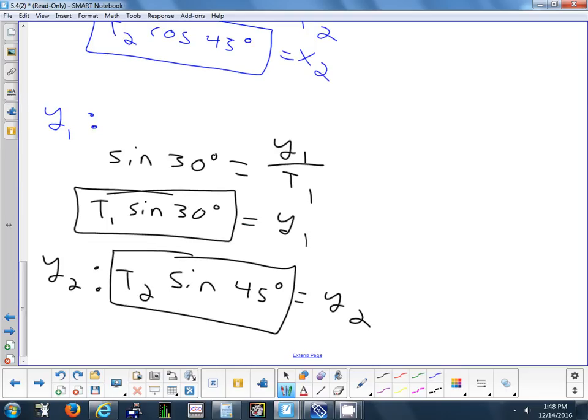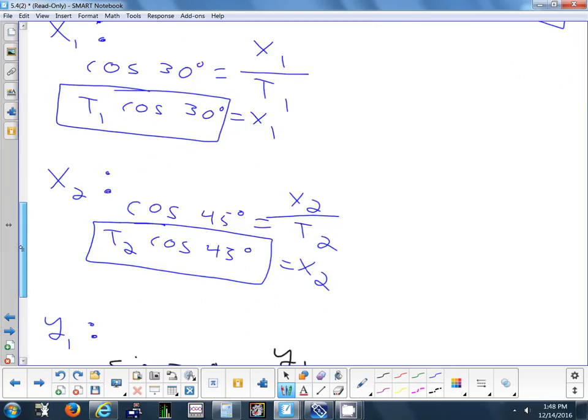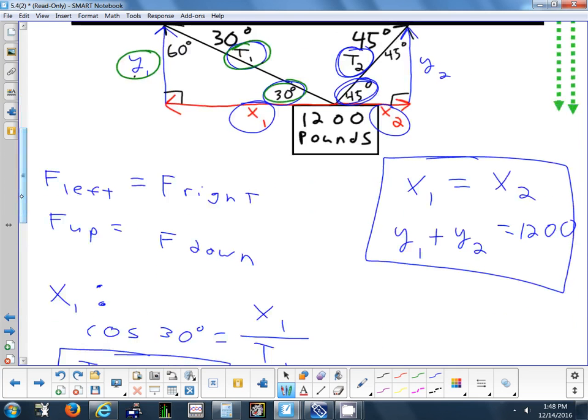Okay, so now we've got y1, we've got y2, we've got x1, and we've got x2. Any questions on that? It's basically 4 right triangle problems. Okay, so now as far as the physics part, that was done at this step.